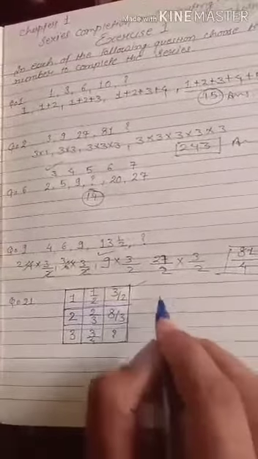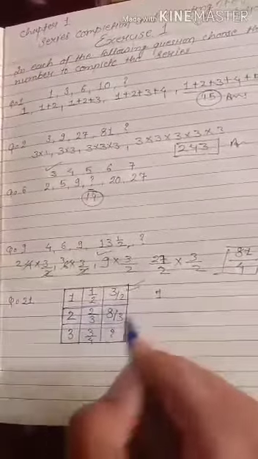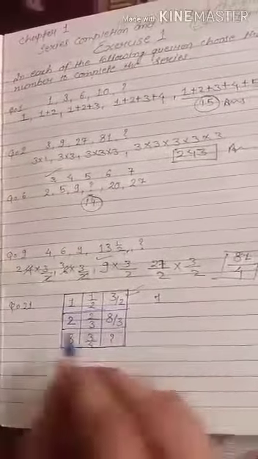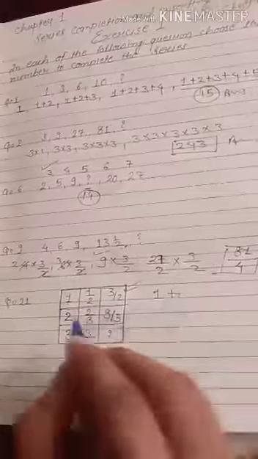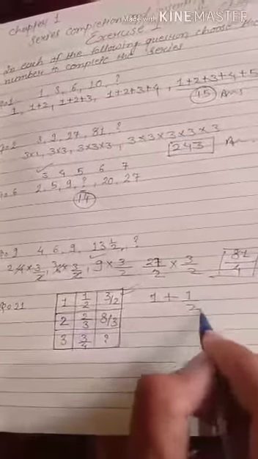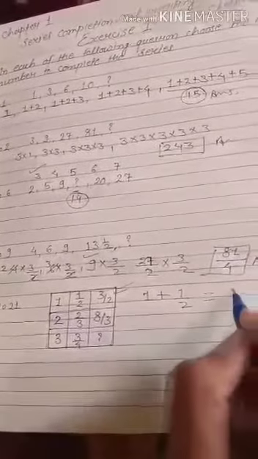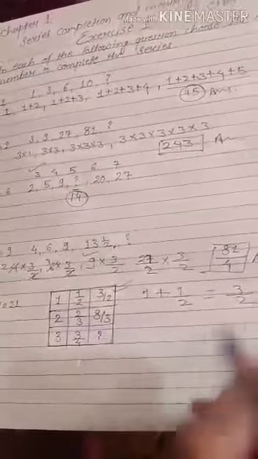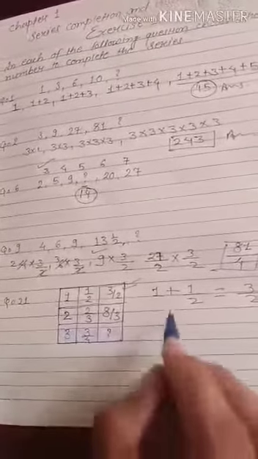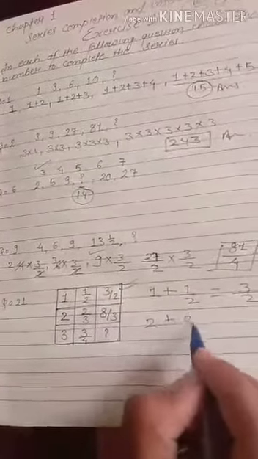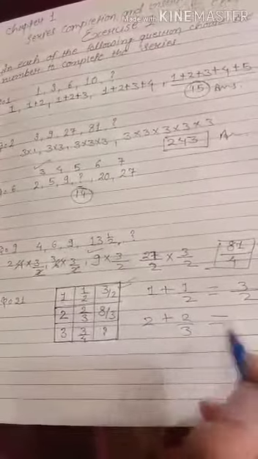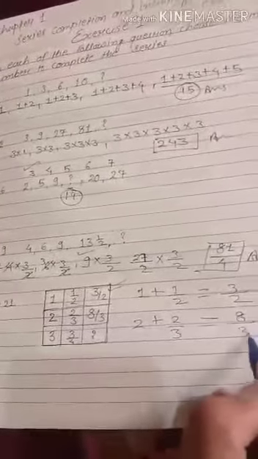Simply we can say that the last one is the addition of the first two columns. That means if you add 1 plus half, how much will it be? It will be 3 by 2. Similarly, if you add 2 plus 2 by 3, it will be 8 by 3.